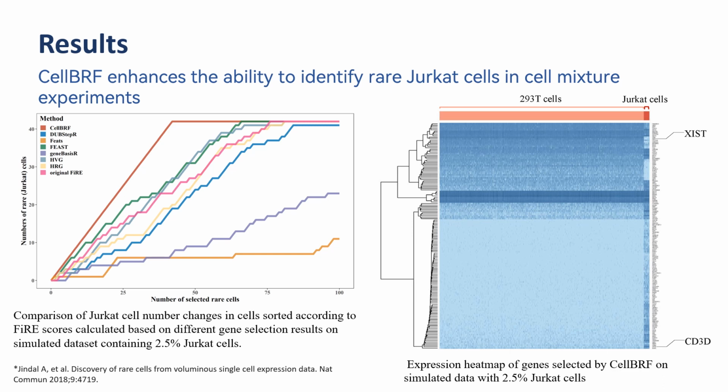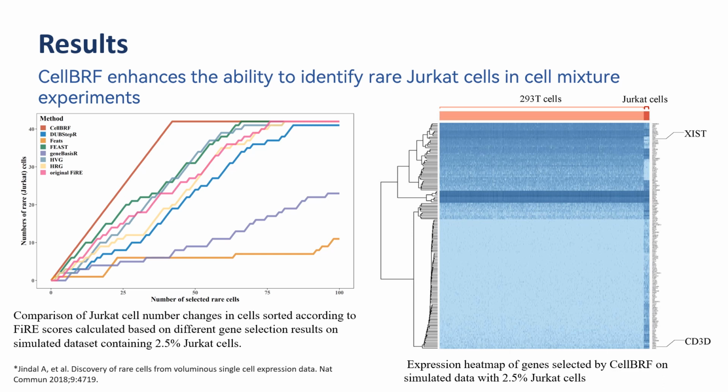After sorting cells according to different scores, we count and visualize the changes in the number of real cells on simulated data with 2.5% Jurkat cells. We can see that almost all cells with high scores are rare Jurkat cells.